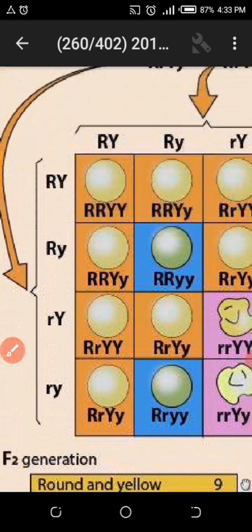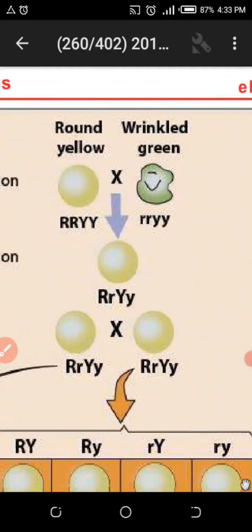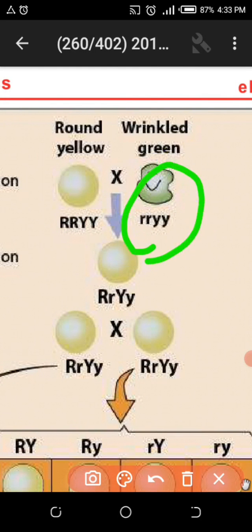You can see this generation is found in the parent. It was in the P1 generation, the parental generation, it was the true breeder. So when the parents are combined, some characters resemble the parents, some characters do not resemble the parents.